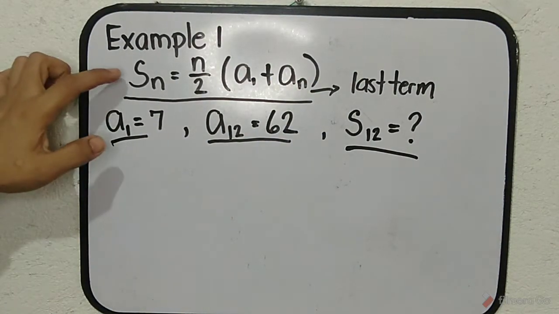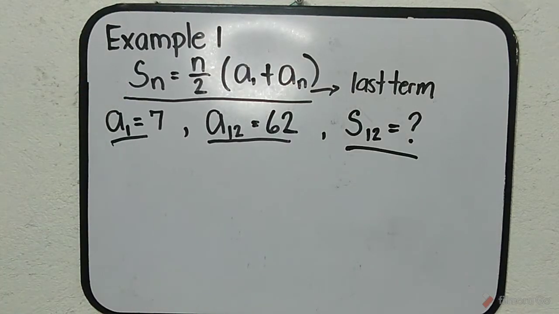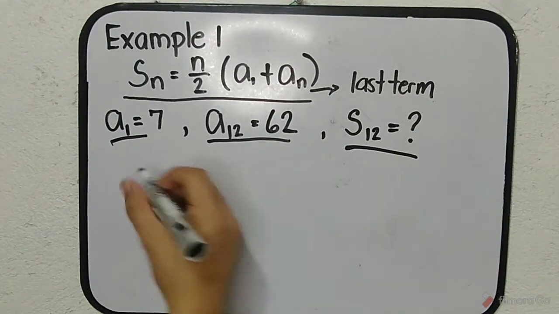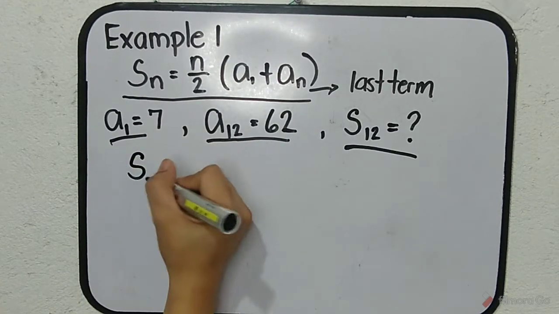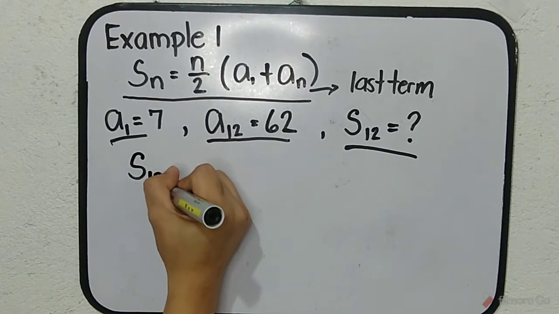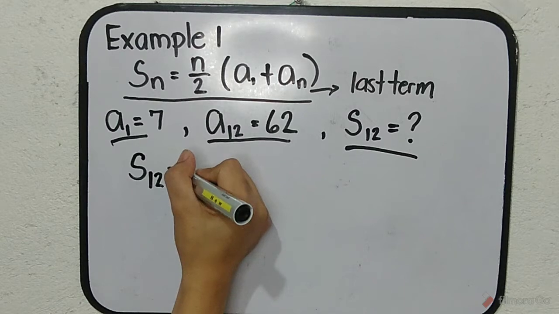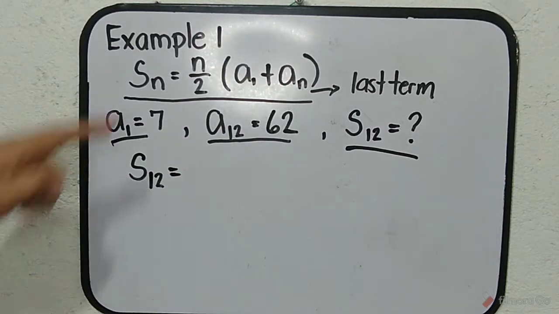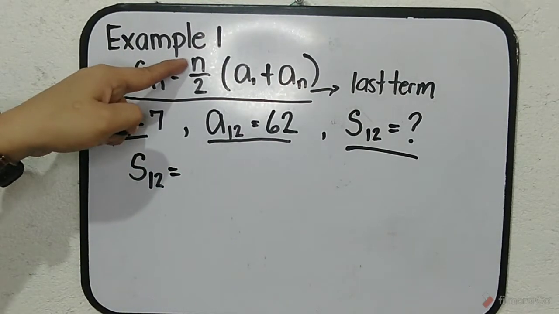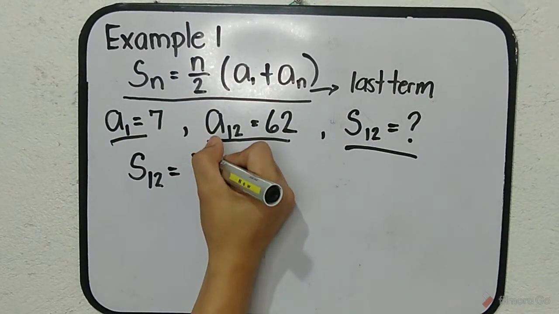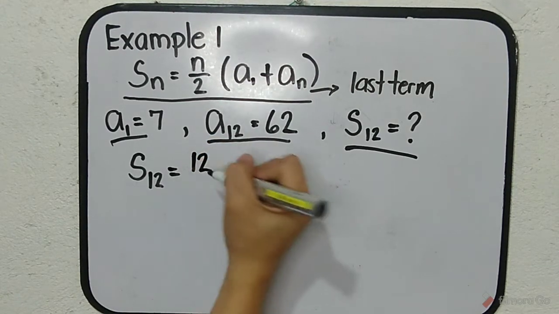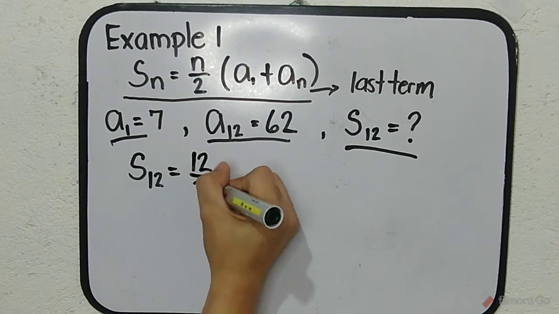So, of course, we have S sub n. Pinapahanap sa atin ang sum ng first 12 terms natin. So, meaning S sub 12 is equal to, ang ating n ay ang number of terms. So, number of terms natin dito ay 12 divided by 2.